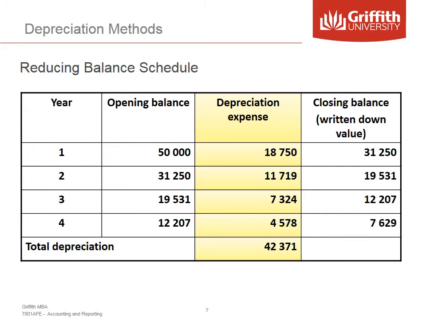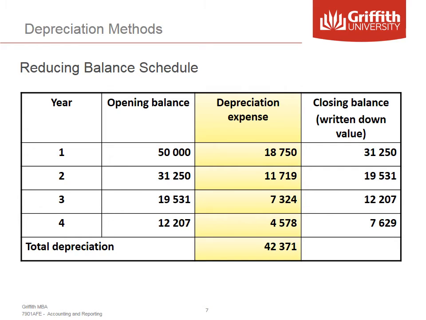Here you can see, using the reducing balance methodology, that the depreciation expense is actually very much greater in the early years of the life of the asset, and it shrinks down to a very small amount when the asset is getting quite old and towards the end of its useful life. Now that's because of the nature of the formula. It's the formula that forces it into this pattern.